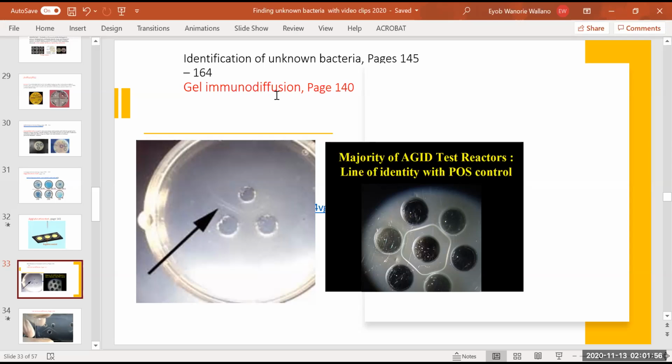Counter immunoelectrophoresis is going to be like this, but we are using electric current in a buffer solution, you see. So that is all we are going to touch in the future, how immunodiffusion is going to work in the lecture part in serology. It's a very interesting topic.